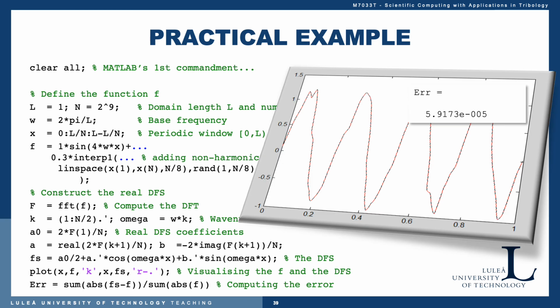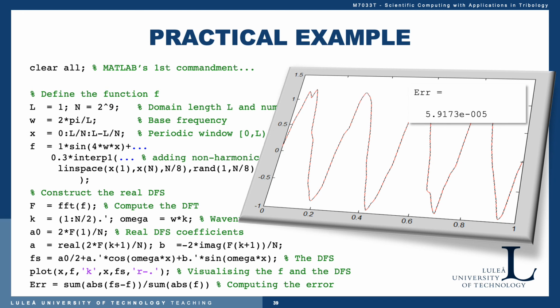Graphically, the function in black and the Fourier series, they overlap. So we really need this error measure to see that there is a numerical discrepancy between them, which is larger than the machine error of the system.